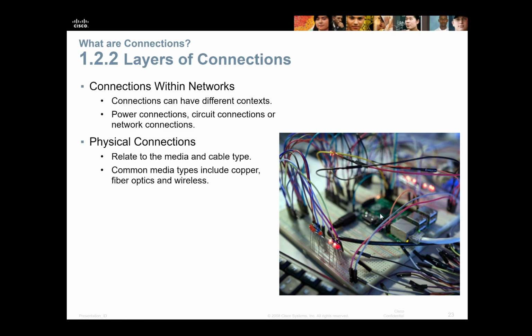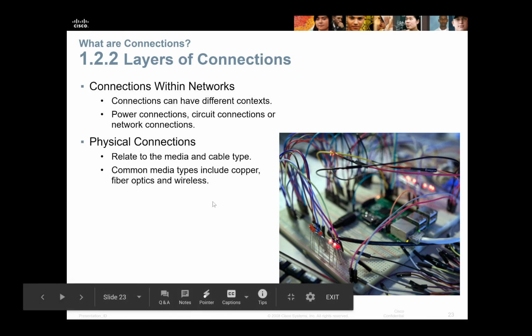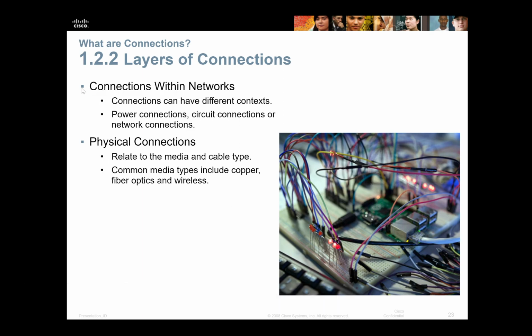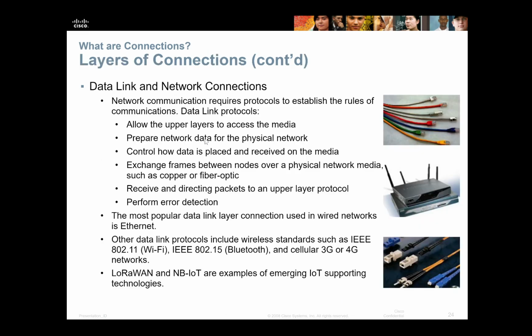No, it's actually a Raspberry Pi. And lots of I/O connections from here to there. More LEDs here. So yeah, physical connections, wires, and connections within networks. So level 1 and level 2, or 3 and 4.